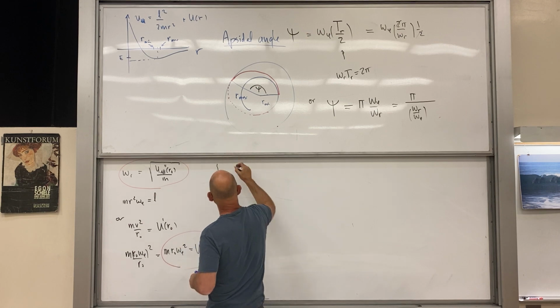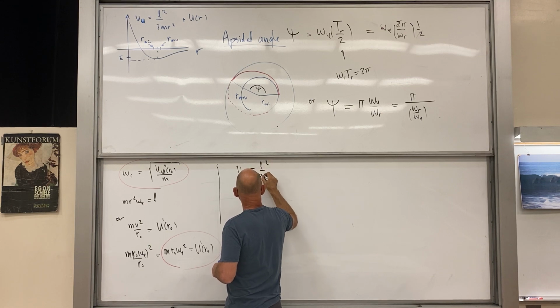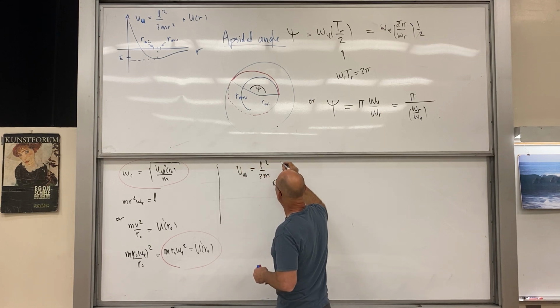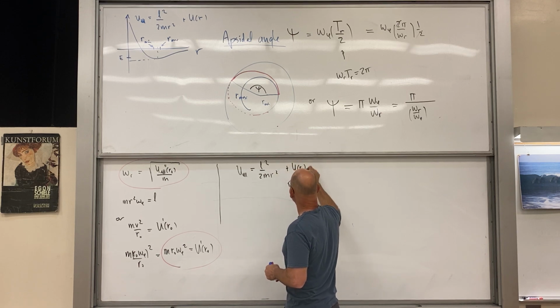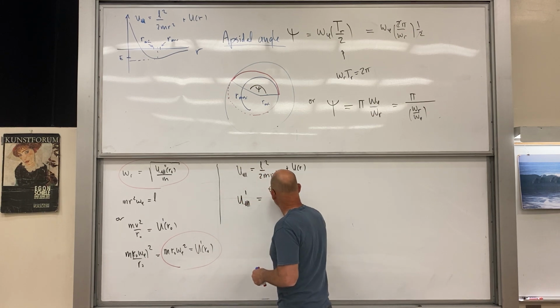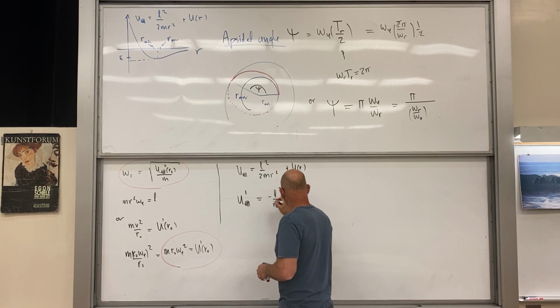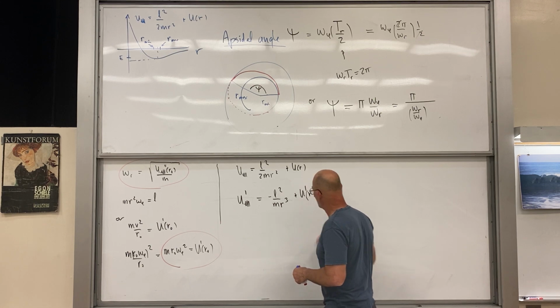So we'll rewrite our effective potential and then take a couple derivatives. U effective is L squared over 2m r squared plus u of r. U effective prime is equal to minus L squared over m r cubed plus u prime of r.